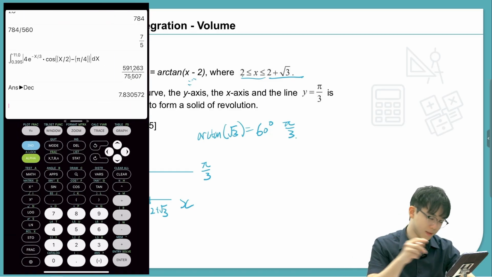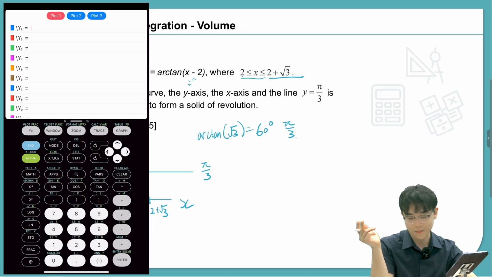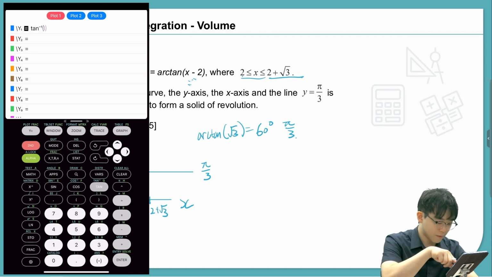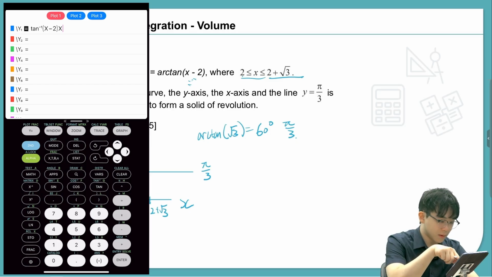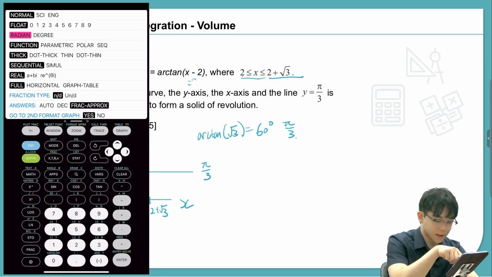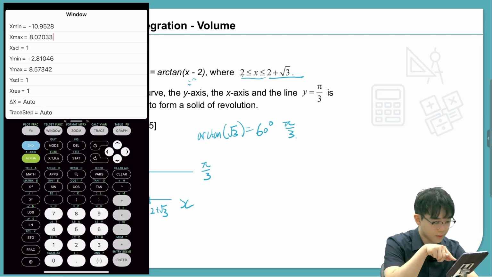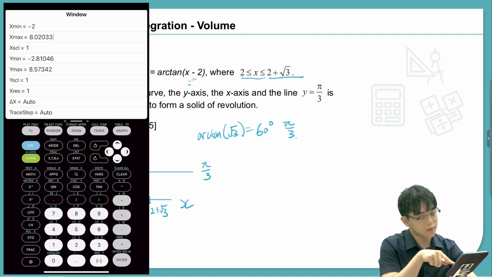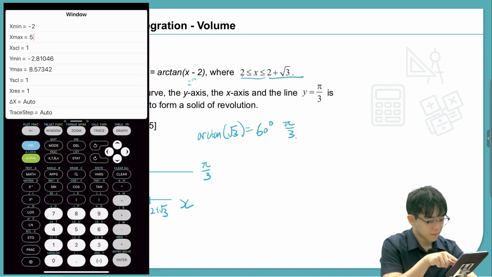Okay, so you could do this mentally inside your head, or you could just plot this out right away, because you can just plot arctangent of x minus 2, and make sure we're dealing with radians, not degrees, and we want to make sure that our window is correctly set, from x equals minus 2 to 2 plus root 3, that's no more than 5.